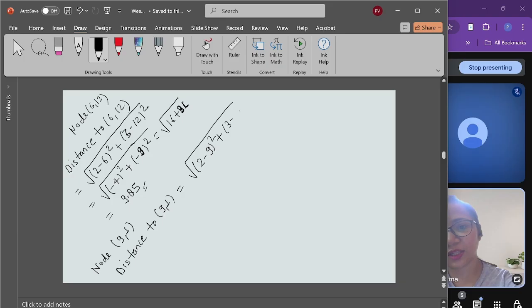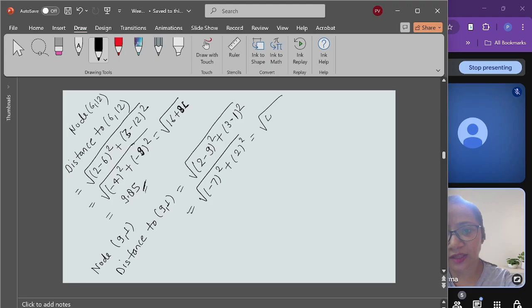So 3 minus 1 square. So here you will get minus 7 square plus 2 square. 49 plus 4. So here you will get root of 53, which is 7.28.